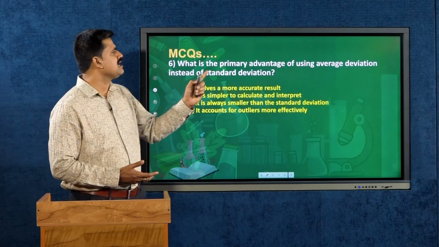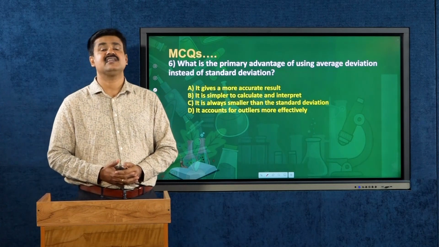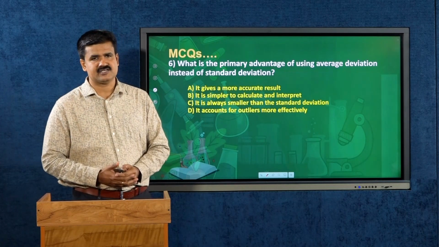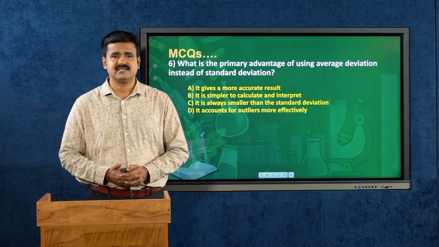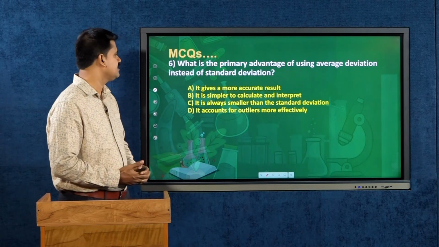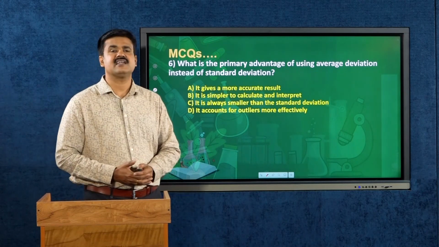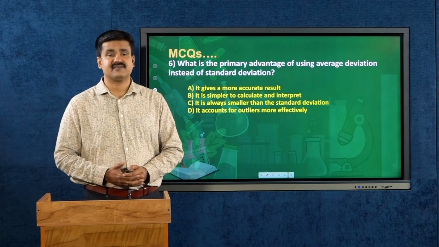Another problem is here. What is the primary advantage of using average deviation instead of standard deviation? These are the options. It gives a more accurate result. It is simpler to calculate and easy to interpret. It is always smaller than the standard deviation. It accounts for outliers more effectively.